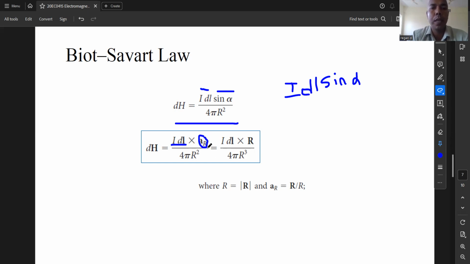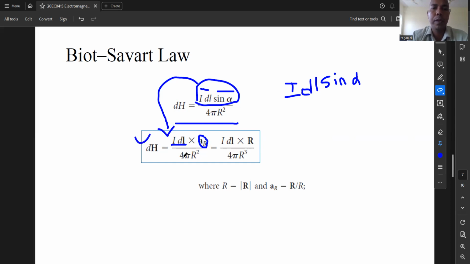So I dL is the current flow direction and aR is the connecting vector. So dH is I dL cross aR divided by 4 pi R square. Here this I dL sine alpha can be written as I dL cross aR. I dL is the current direction and aR is the direction where we are measuring the magnetic field. The product of these two makes the magnetic field at the point P.